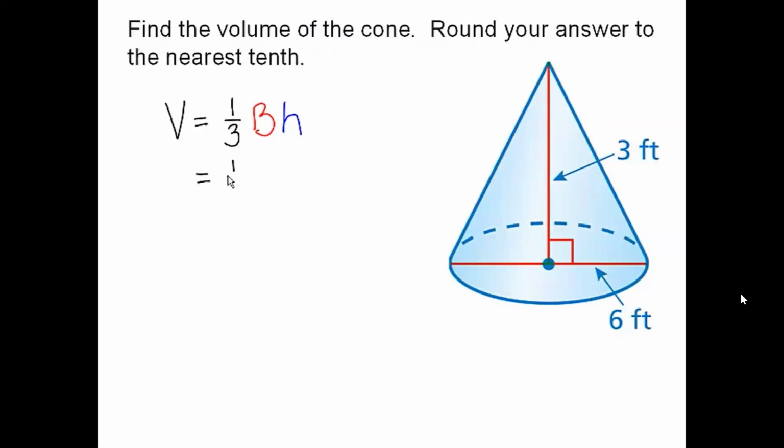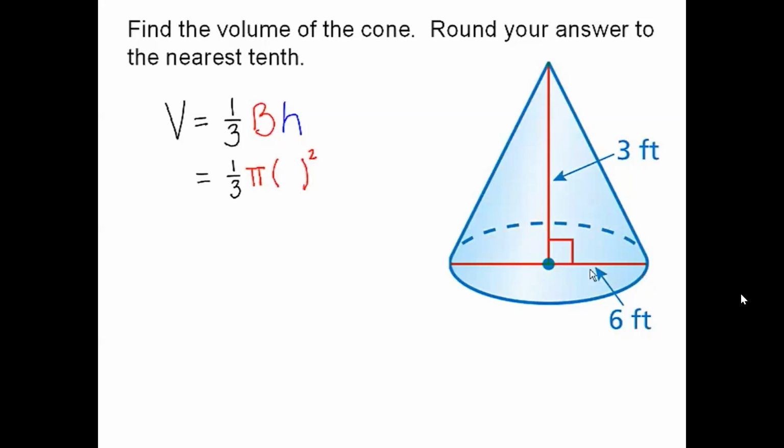So we have 1/3 times the area of the base. When we look at our cone, we can see that the base is a circle. So the area of a circle is pi times the radius squared.